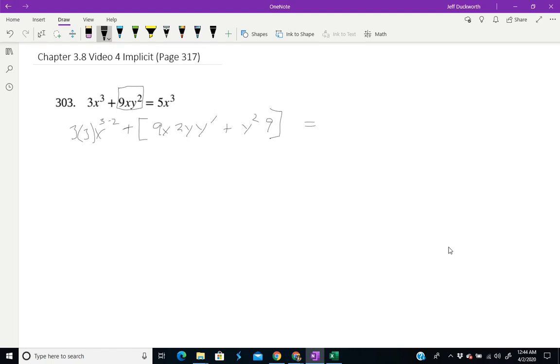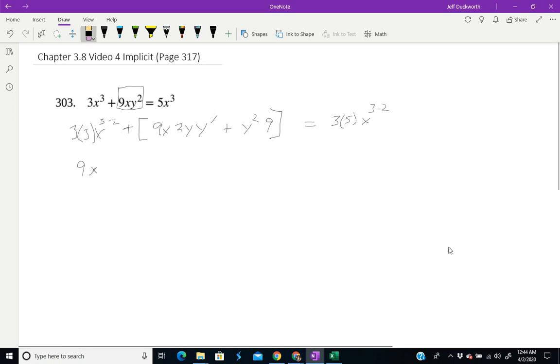This side is the same as the first part. So this is going to be 3 times 5, and then x to the 3 minus 2. So this is the derivative now. Our objective here is to get y prime by itself. So let's do some cleanup first. This is 9.